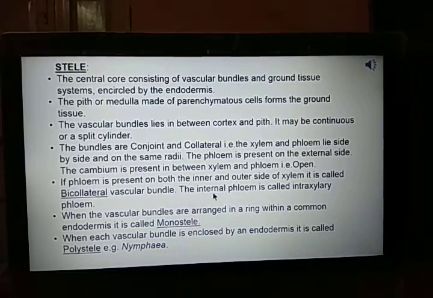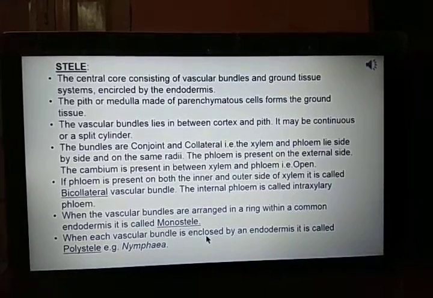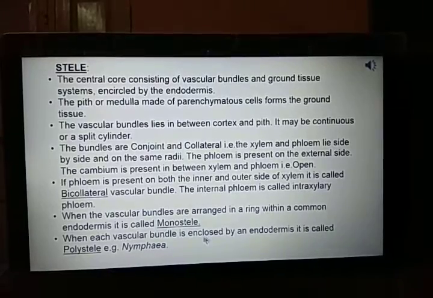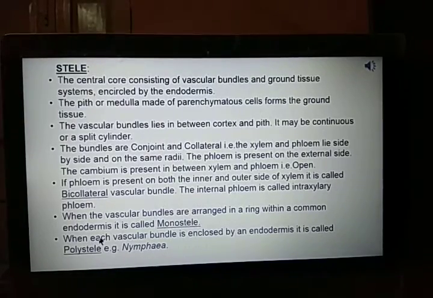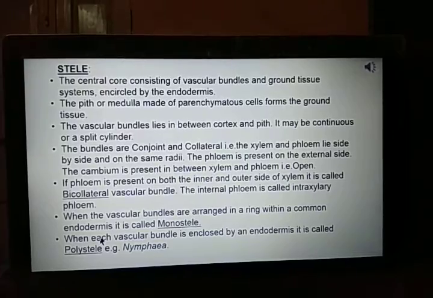The internal phloem is called intraxylary phloem. Now, when these vascular bundles are arranged in a ring within a common endodermis, it is called monostele. But when each vascular bundle is enclosed by an endodermis, it is called polystele, as found in Nymphaea.